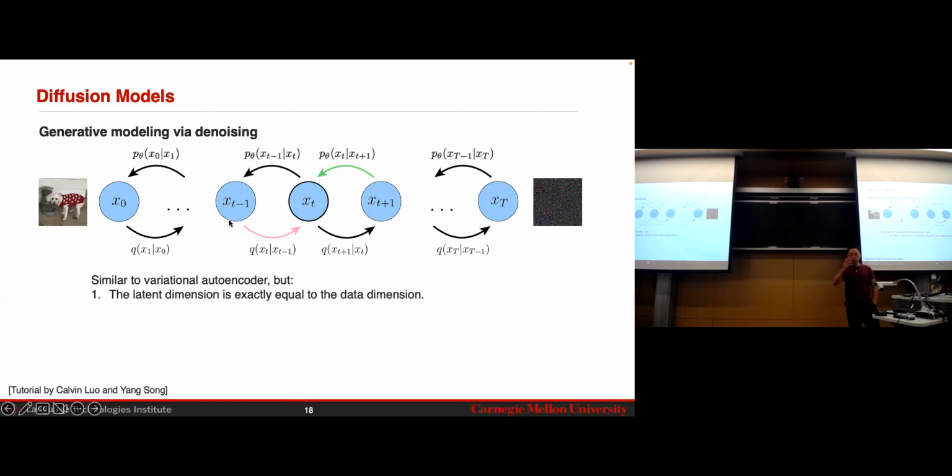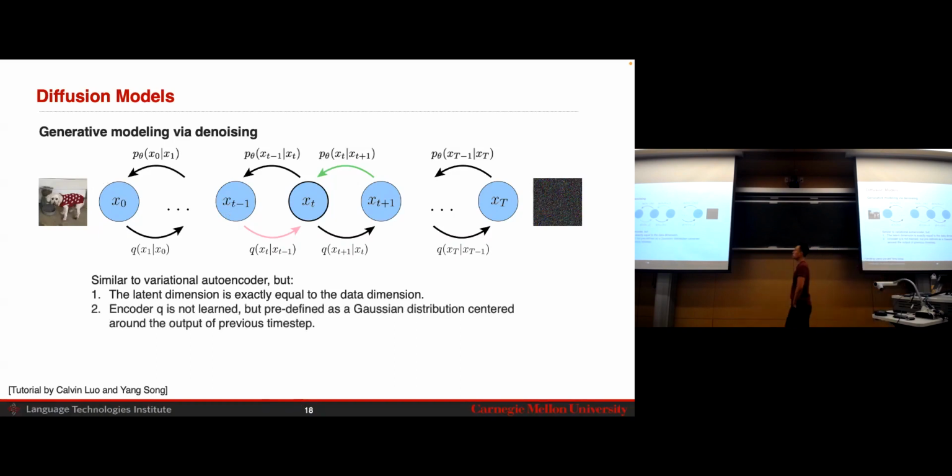The latent dimension, each of these xt's, is going to be equal to the data dimension, which is your actual pixels. The second assumption is that in autoencoders, we saw the encoder from something closer to the image to latent variables. Q was a variational distribution. It was what we learned using neural networks to approximate the actual distribution P, which is hard to compute.